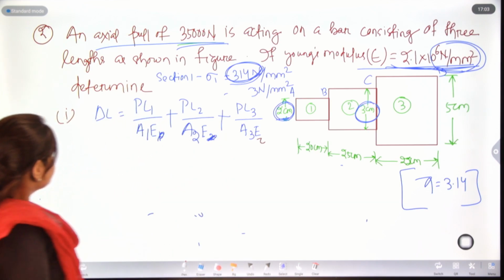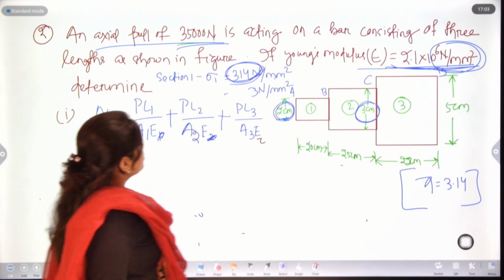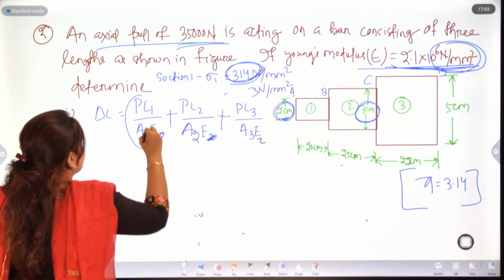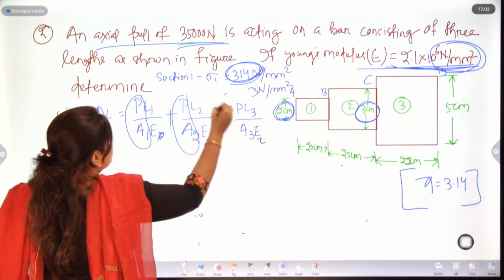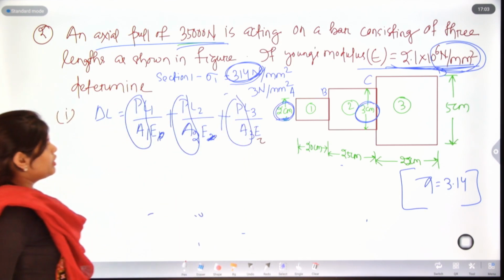So, we do have these P by A1, P by A2 and P by A3 values.